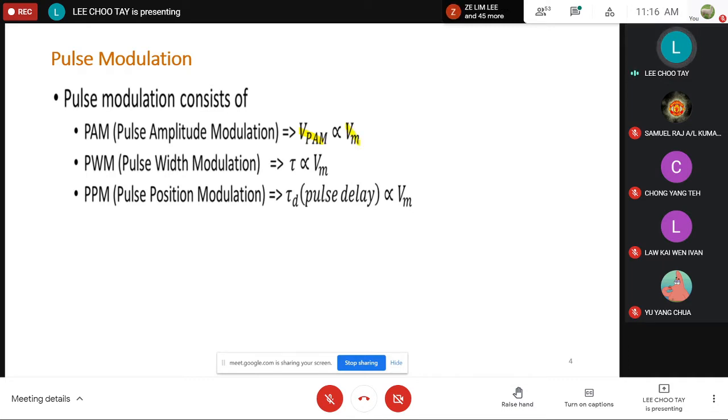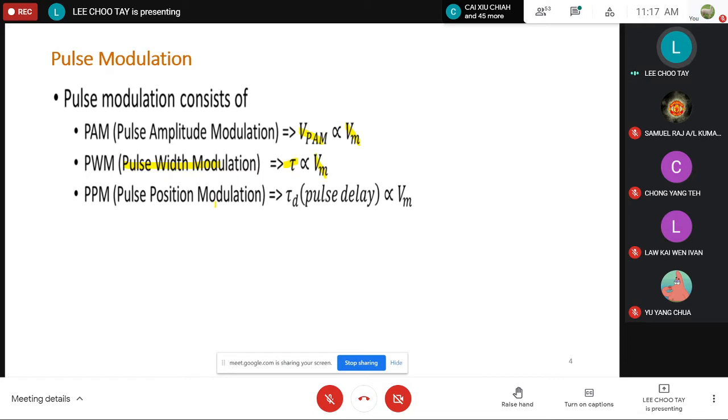So in a way, it's quite similar to AM. The next modulation technique is pulse width modulation. As the name suggests, it represents the amplitude of the message using the width of the pulse. Tau is the width of the pulse.